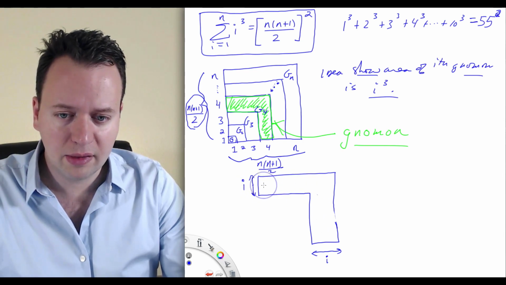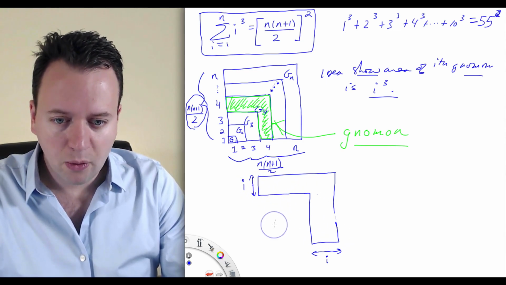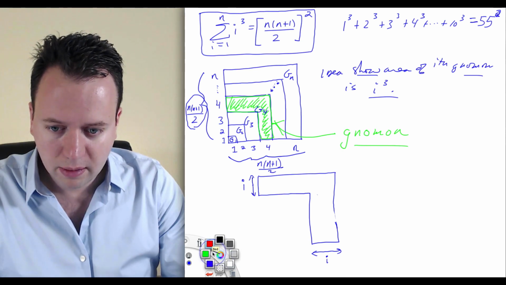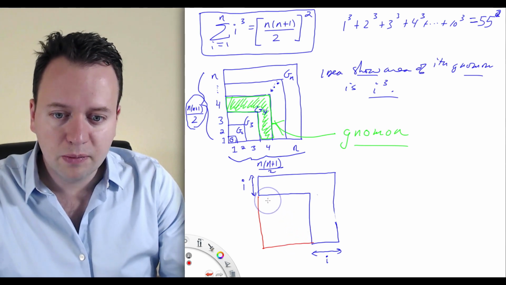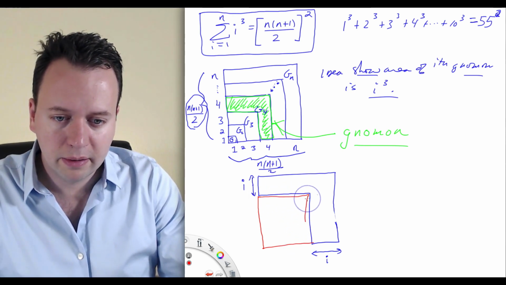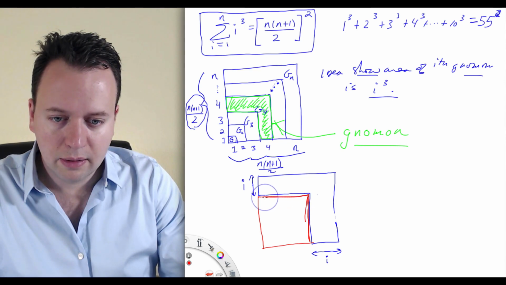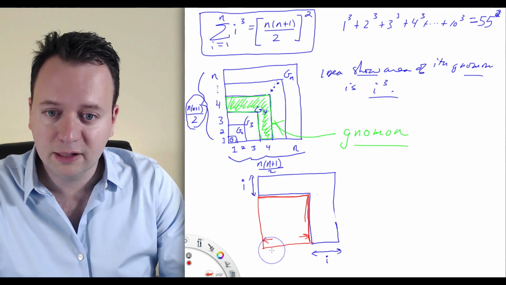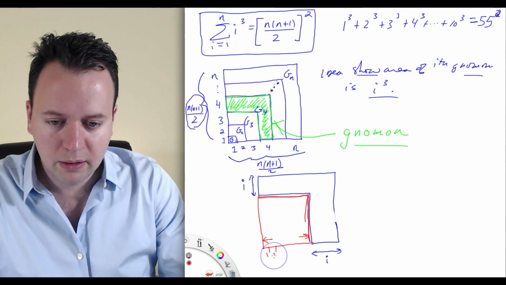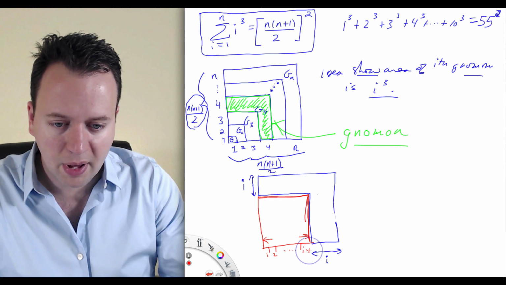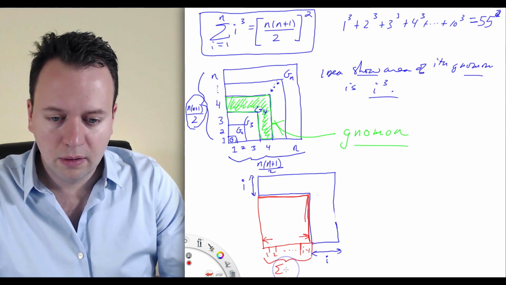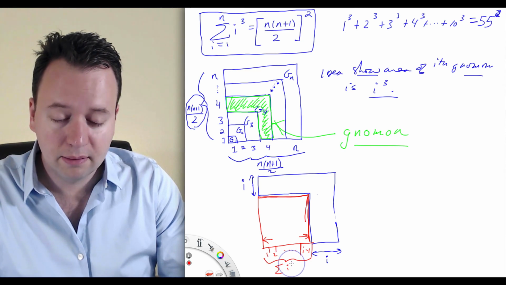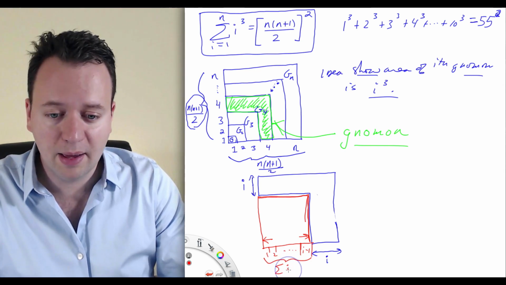So we already have some of the dimensions. We know that this is length i, that's length i. Now what about, so let's draw in the missing square. So the missing square basically has side length, well, it has pieces, right? It has 1, 2, all the way up to i minus 1, right?